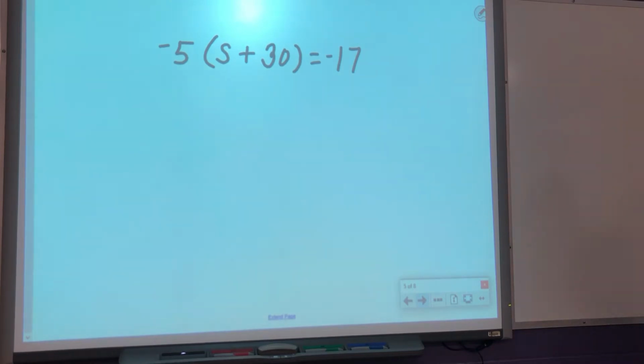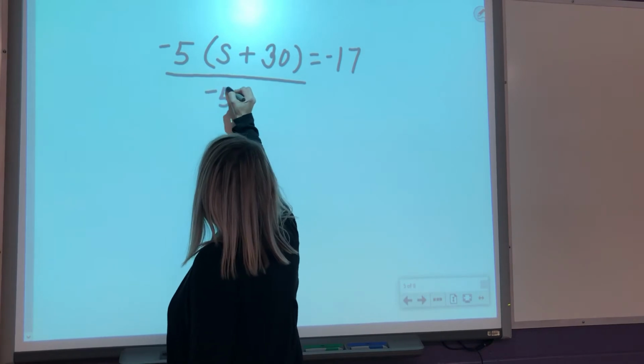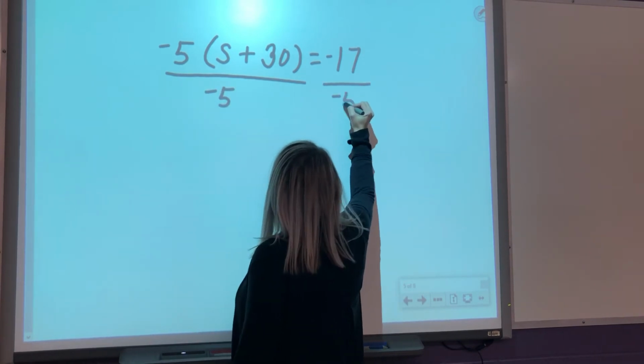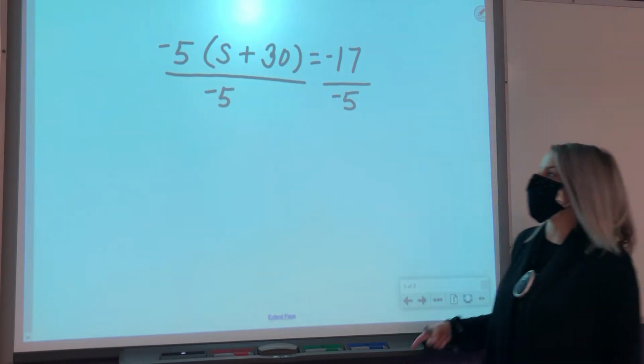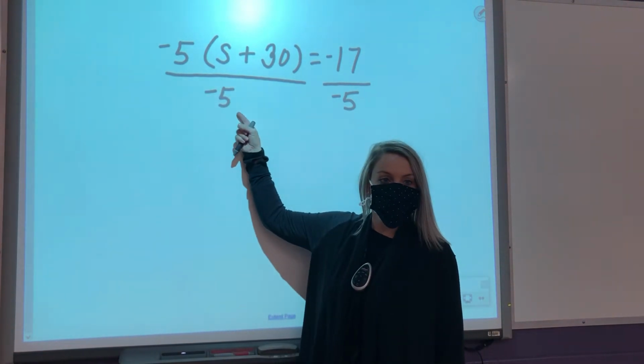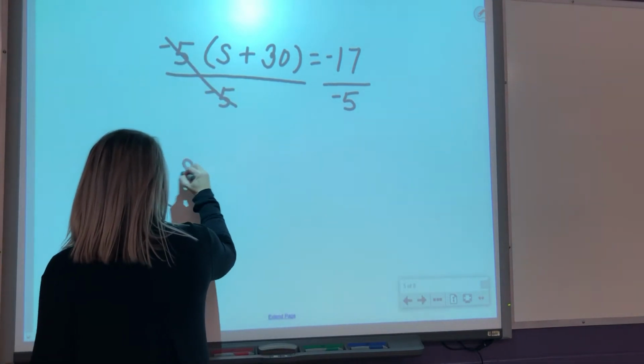What if I did this? Did I do an inverse operation? Mm-hmm. Right? Because negative 5 is being multiplied by s plus 30. So what happens to my 5s here? Okay. So what am I left with? S plus 30.